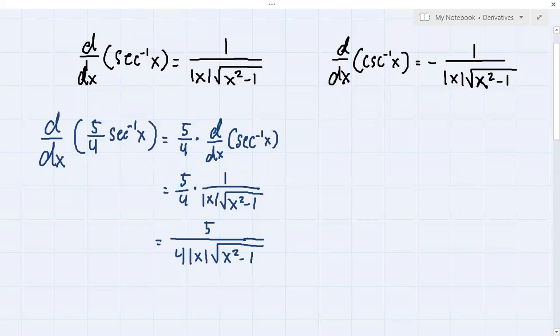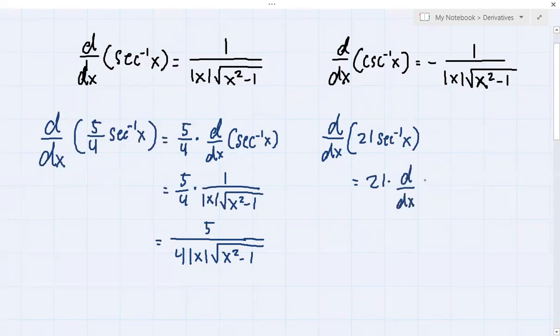That's actually easy if you know the formula. All right? So let's have one more example. Okay? So let's just say meron tayong 21 times arcsecant. So dito, we will have 21 times the derivative of arcsecant.